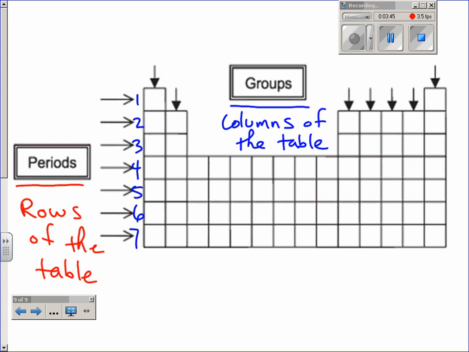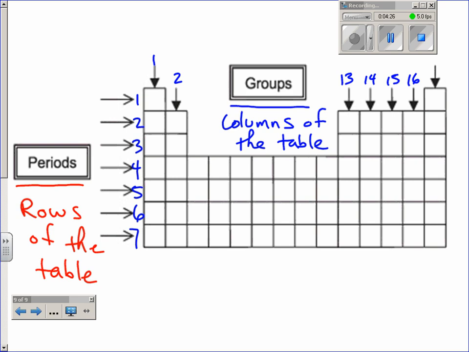So again, we have 1, 2, and we hop across to here real quickly: 13, 14, 15, 16. Uh-oh. Are we missing a group? We seem to be missing a group. Can you hear the silence? This table is incorrect. This is awful. This is a tragedy.